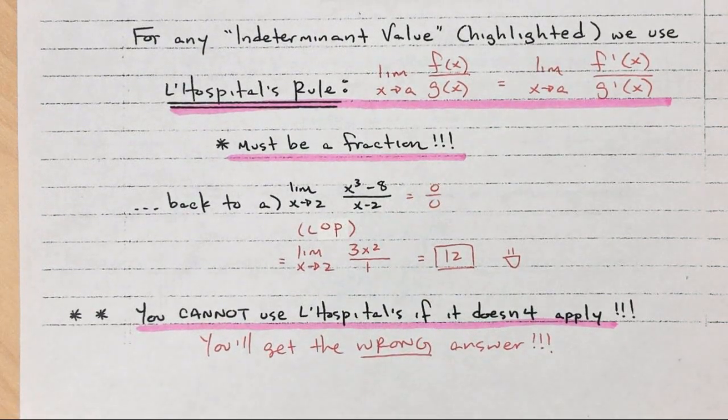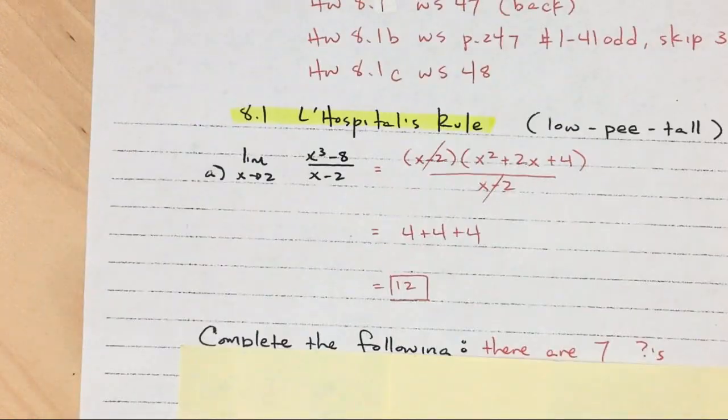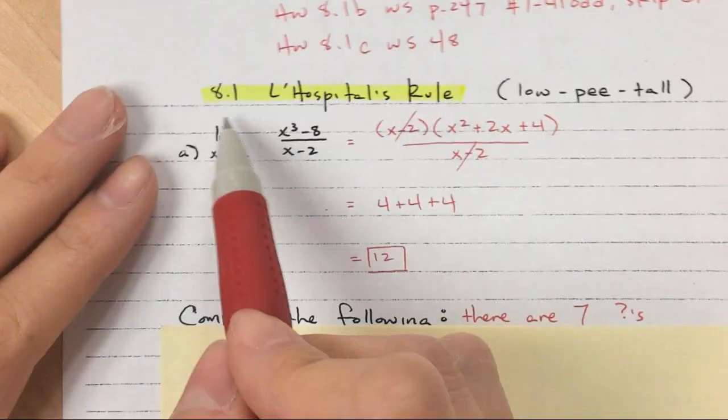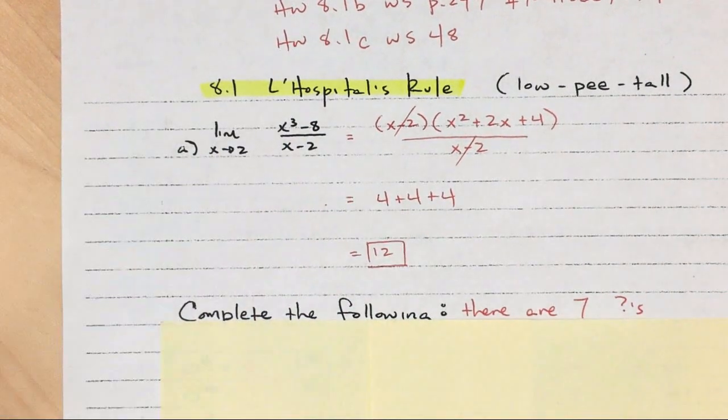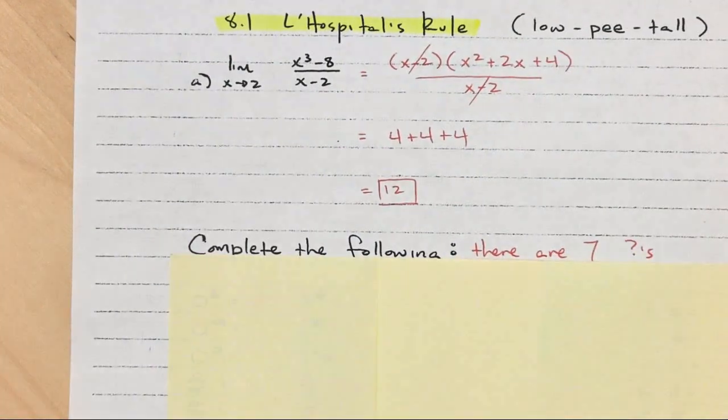I know, you're really mad at me, I haven't told you before: you cannot use L'Hôpital's if it doesn't apply. Think of it as, this looks like hospital, right? So think of medicine. If you take medicine when you're sick, it makes you better. But if you're all better and you try to take medicine, then sometimes you're not good anymore, and you have other problems.